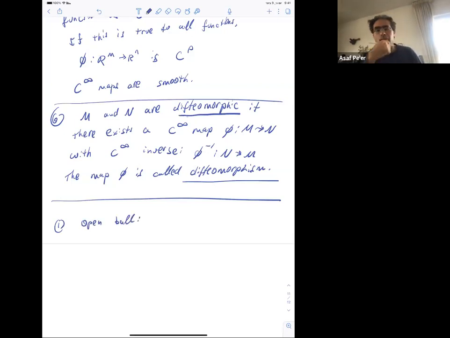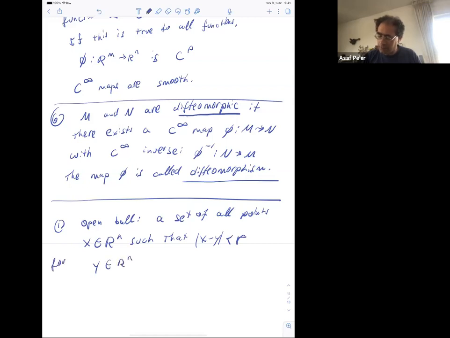It's a set of all points x in Rn such that the distance of x from some point y is smaller than r, for y in Rn and r in the real numbers. It has no boundary, it's open.